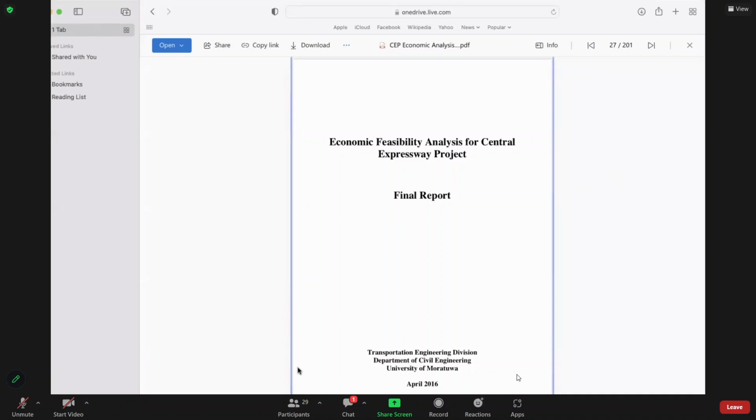So this is a bit of a dated CVA report now from April 2016, done for the Central Expressway project by the Transport Engineering Division of University of Moreton.